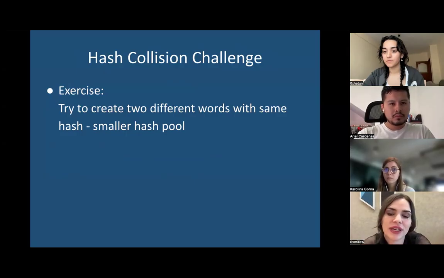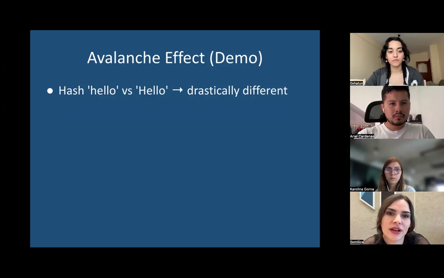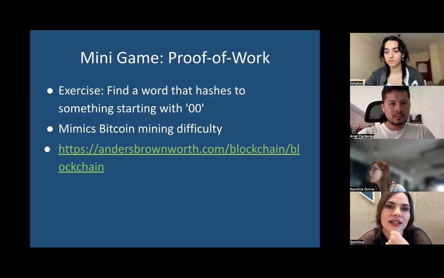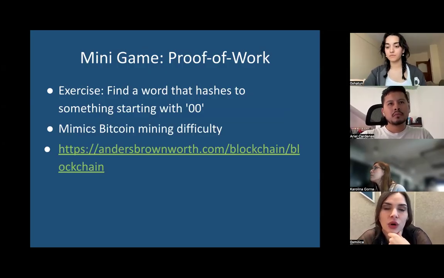We tried this one with the avalanche effect. Getting a collision with a real hash is going to be difficult, but with smaller hash tables, you will definitely get it.